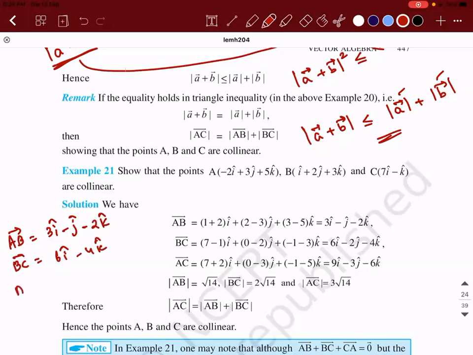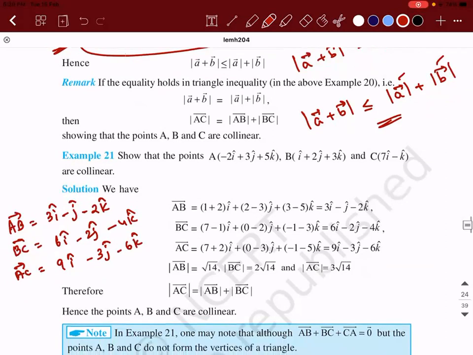What is AC vector? 9i cap minus 3j cap. Did I miss anything? 6i cap minus 2j cap minus 4k cap. So 9i cap minus 3j cap minus 6k cap. Correct?